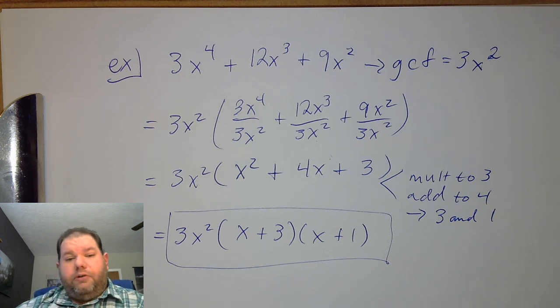So there's a lot more that goes into that because of the common factor, but it's really the same things that we were doing, just combined into a single problem.